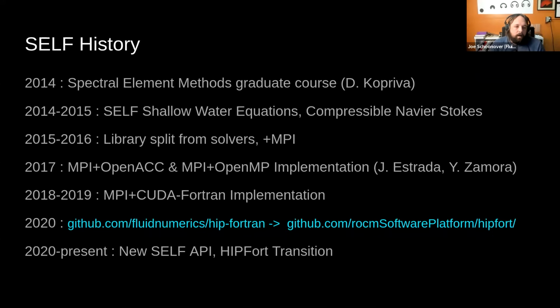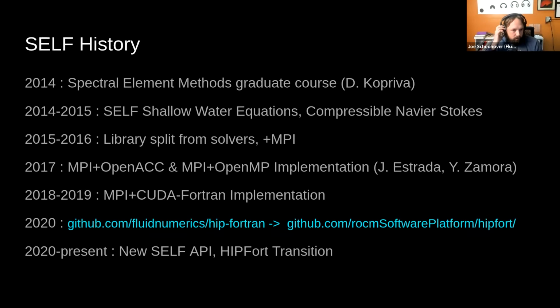I was really excited to see some of the stuff that was coming out from AMD, particularly the HIP project. And in 2020, I started doing a bit of a port from CUDA-Fortran over to HIP, and in the process, I was just writing a lot of boilerplate code to provide an ISO_C_BINDING layer to expose a lot of the HIP API into Fortran.